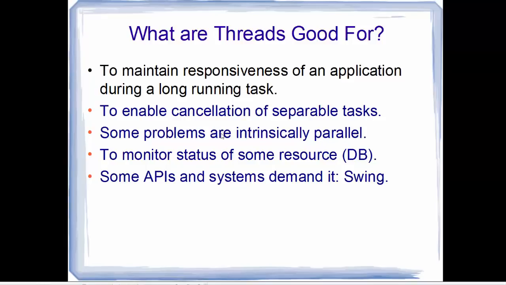It can create a thread for that, right? Next is to monitor the status of some resource, for example, your database or some APIs, and when the system demands it, like your Swing applications in Java. So these are the situations in which you can use threads.